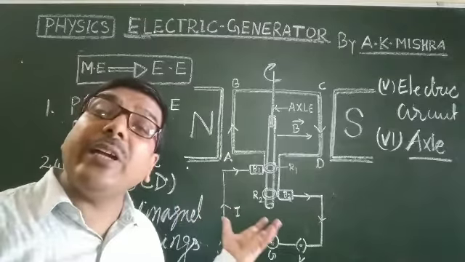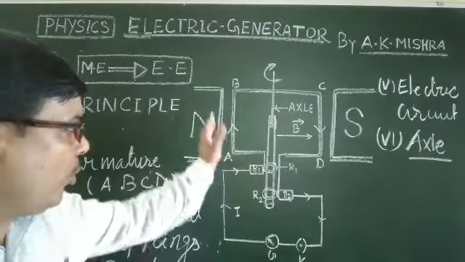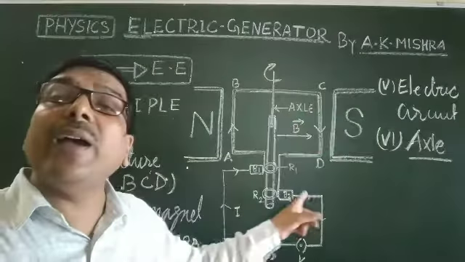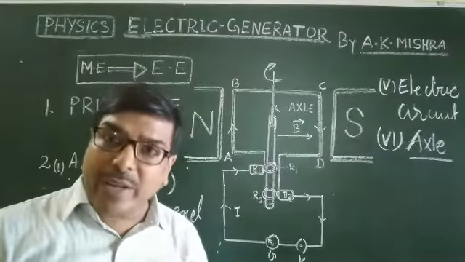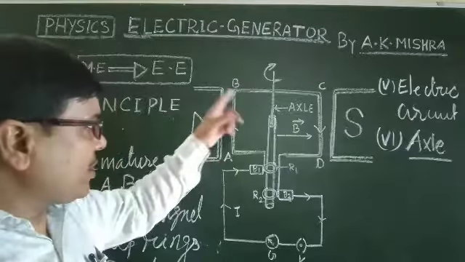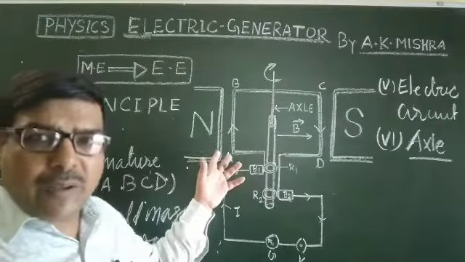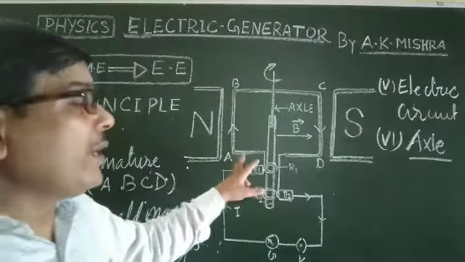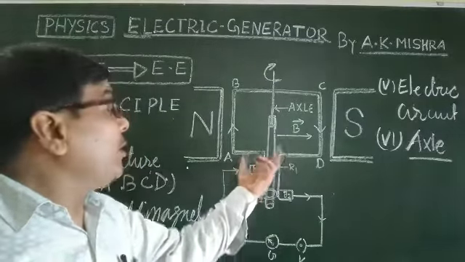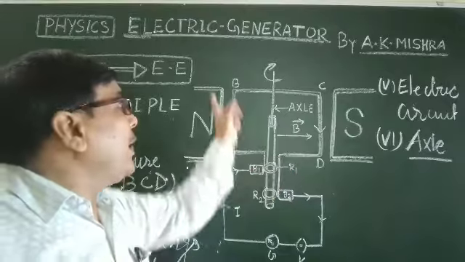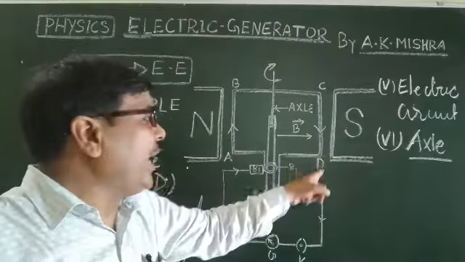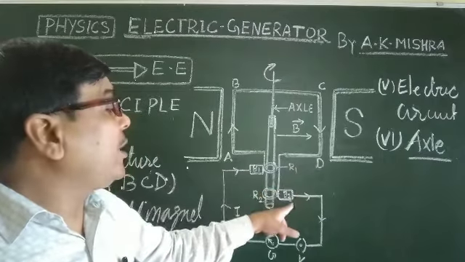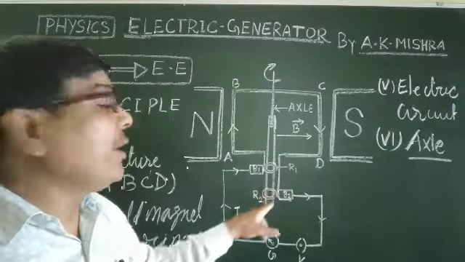One by one we'll discuss. The rectangular coil is made up of a soft iron core on which laminated copper wire is wrapped. The terminals of the ends of the rectangular coil ABCD are connected with two rings at different places, R1 and R2.